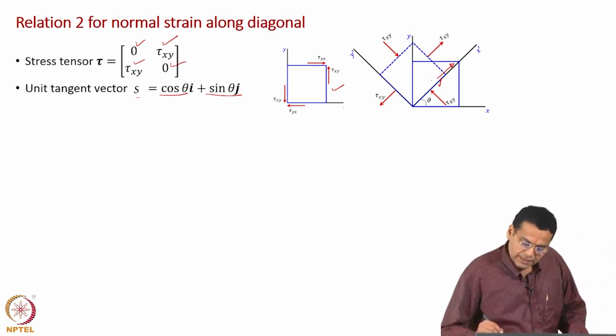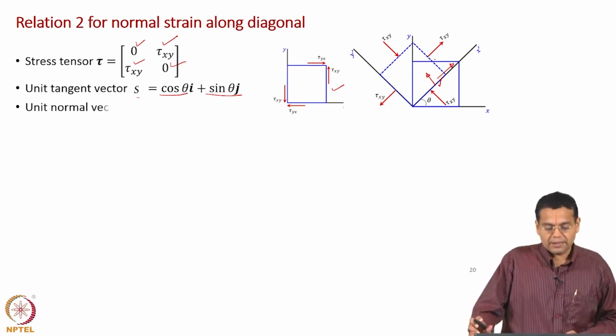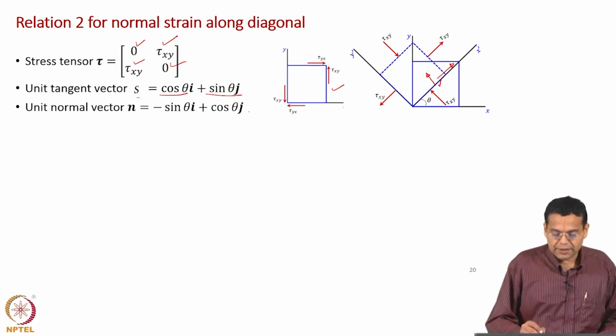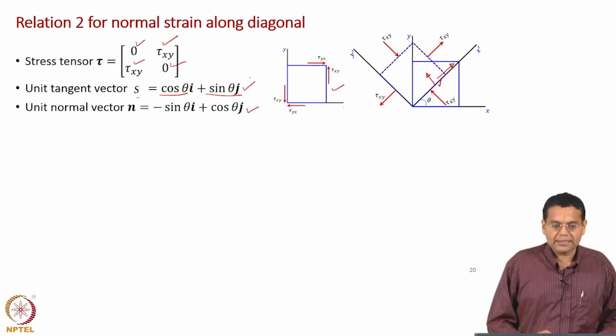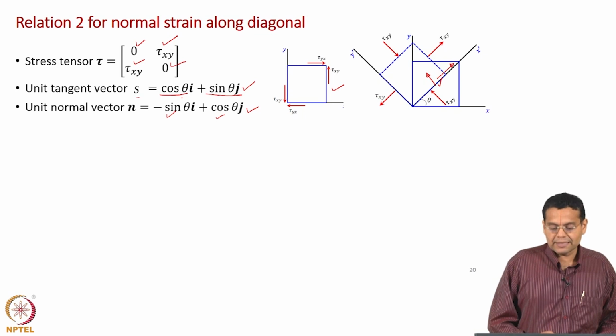Now, I consider a unit normal to the plane, which in our nomenclature is the n vector, and we know that this vector should be perpendicular to the tangent vector. The expression for this vector is minus sin theta i plus cos theta j, so that when you take the dot product it becomes 0. If you simply take the dot product of n with s, you get minus cos theta sin theta plus cos theta sin theta, going to 0.